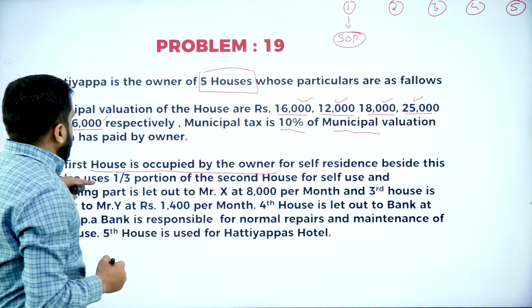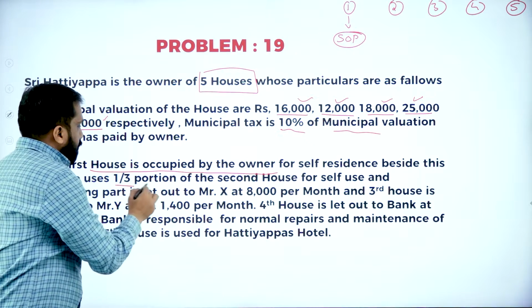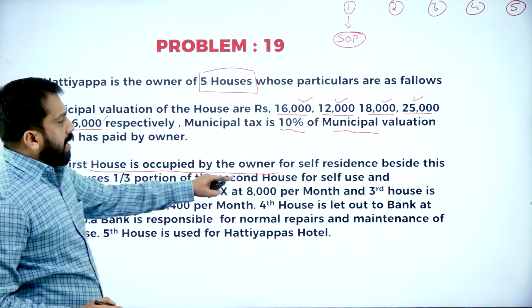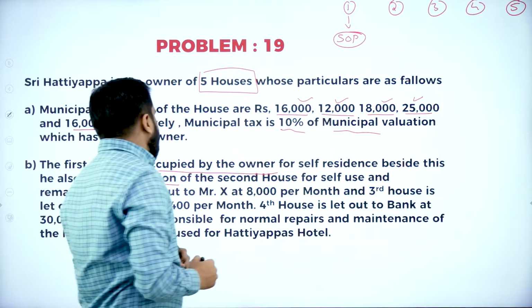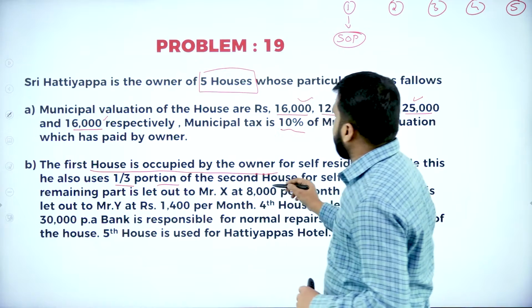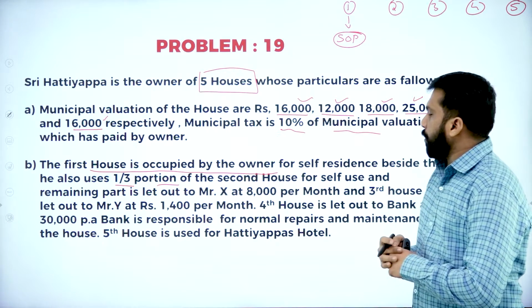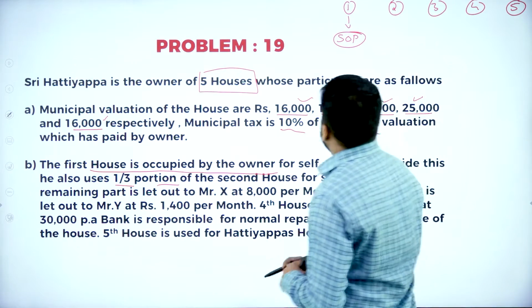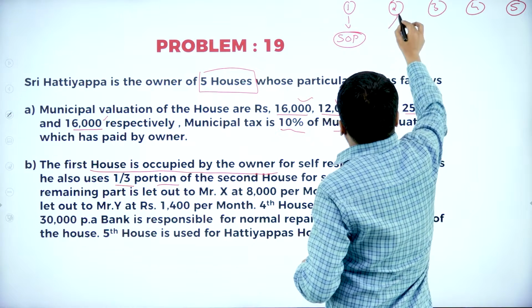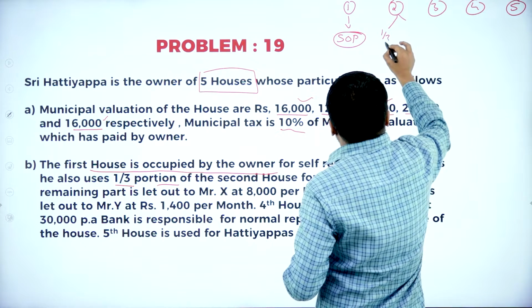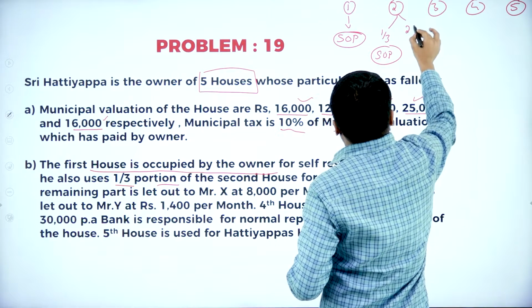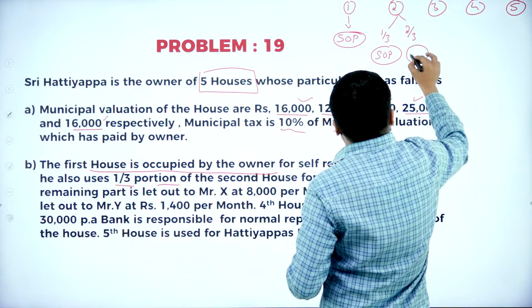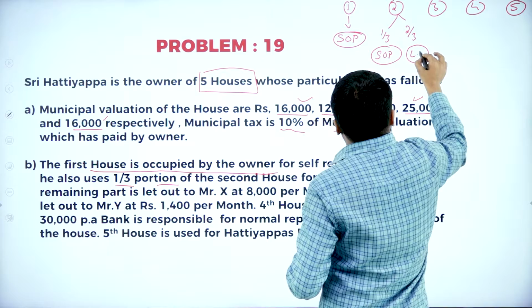Then beside this, he also uses 1/3 portion of the second house for self-use and the remaining part is let out to Mr. X at 8,000 per month rent. So, one more house, 1/3 is self-occupied and the balance will be 2/3 let out.